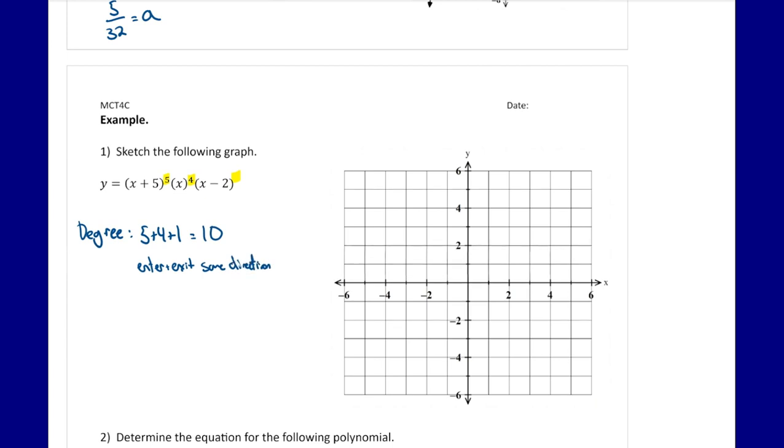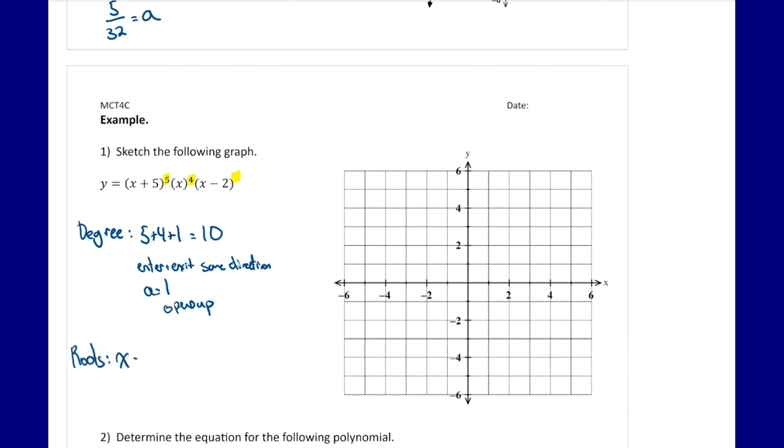If we look at the coefficient, in this case, our coefficient is positive. We could say it's 1, so that means it opens up. So we know some general characteristics about how it's supposed to look. Finally, we now look at our roots, or our solutions. They tell us where our key points are.